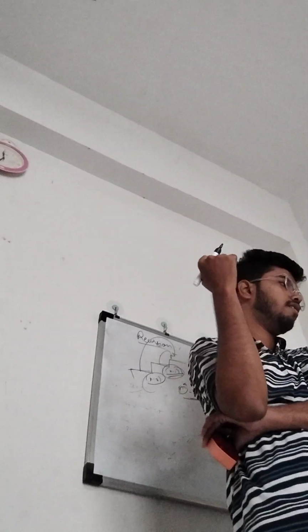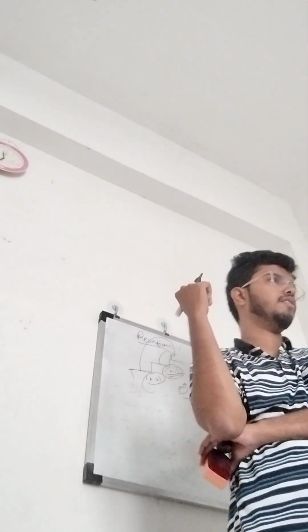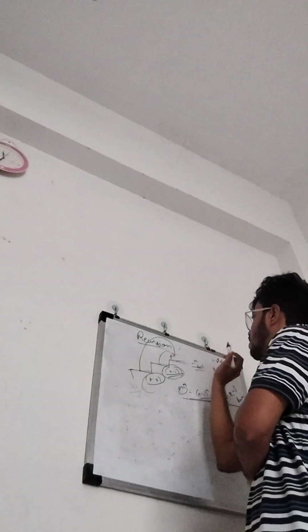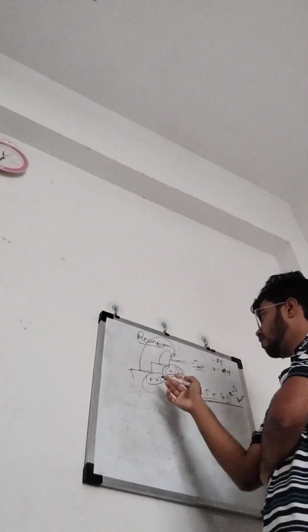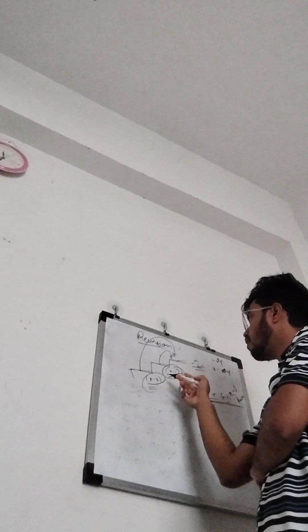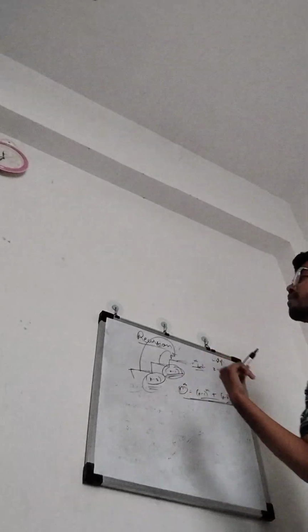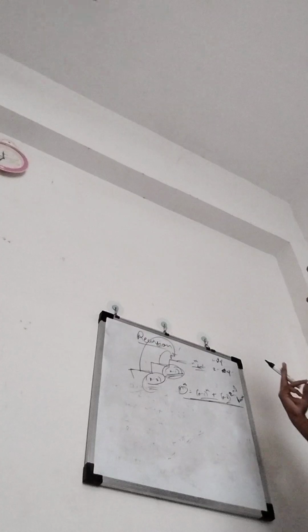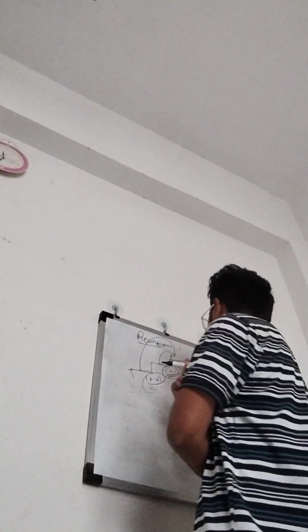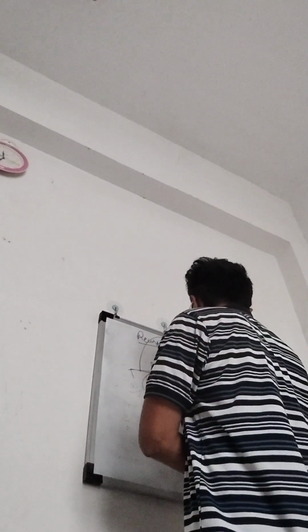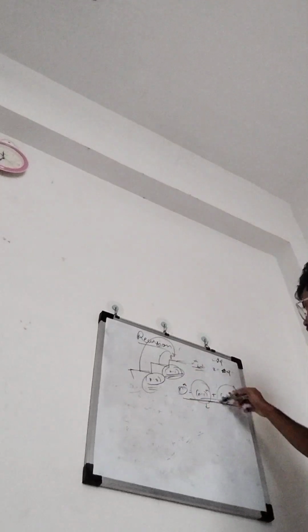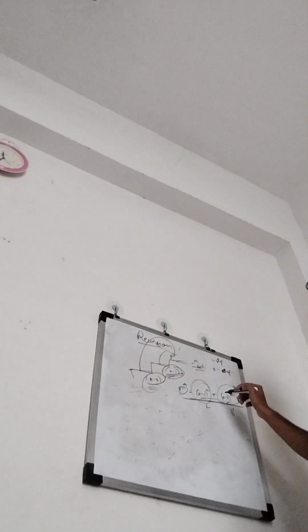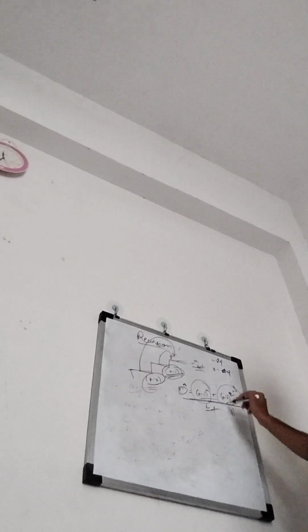So the basic thing is, there are only two options to reach the nth level, basically from the n minus second level or the n minus first level. And then you found out the number of ways to reach the n minus first or the n minus second, and then you just add these ways.